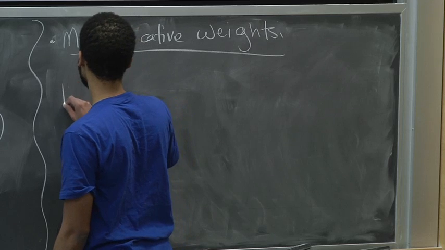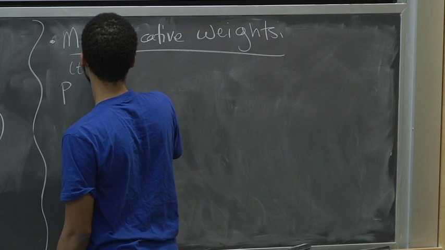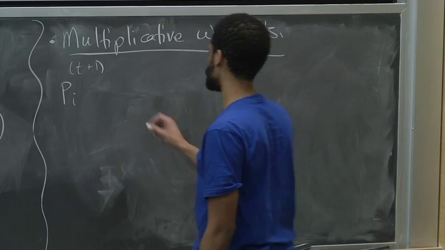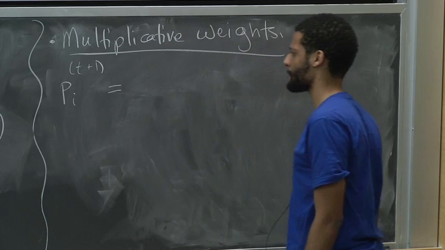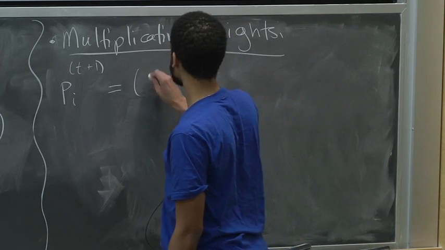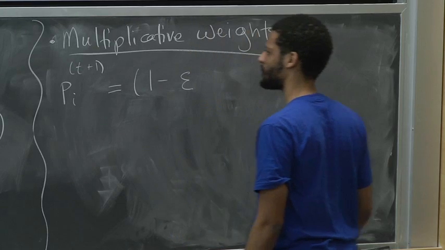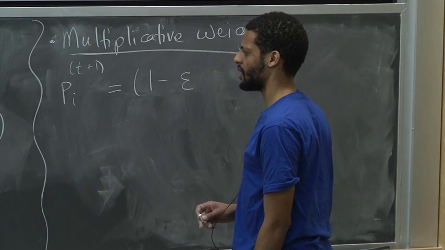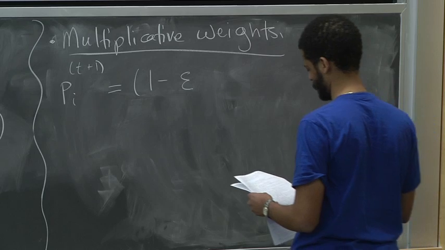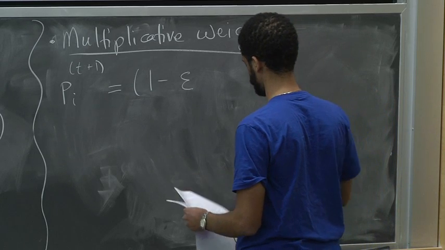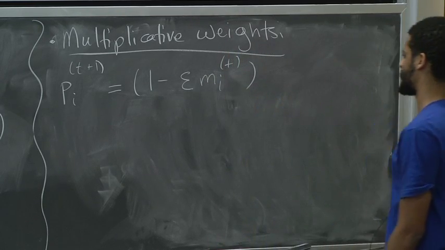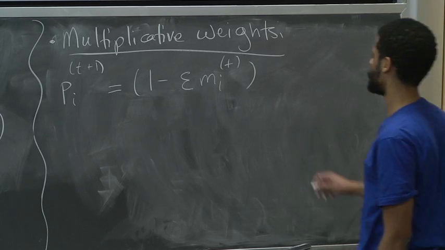We're going to say that p t plus 1 sub i is equal to, okay, 1 minus epsilon to the mi of t, times pi of t.